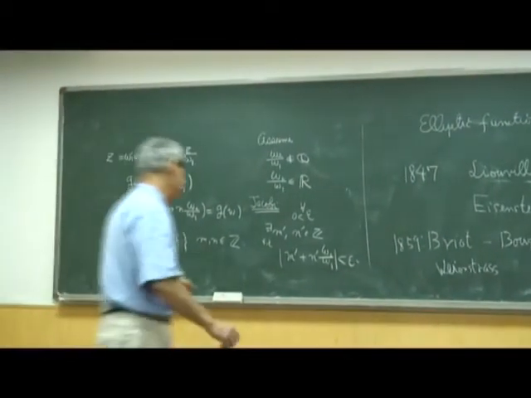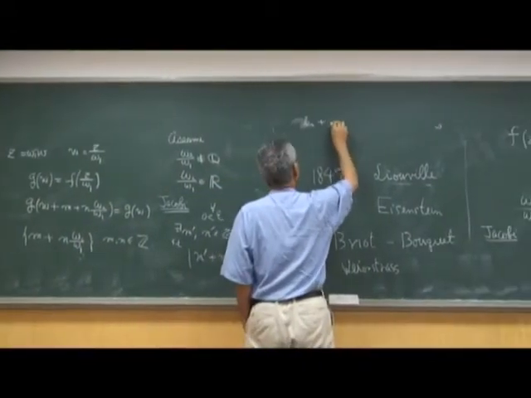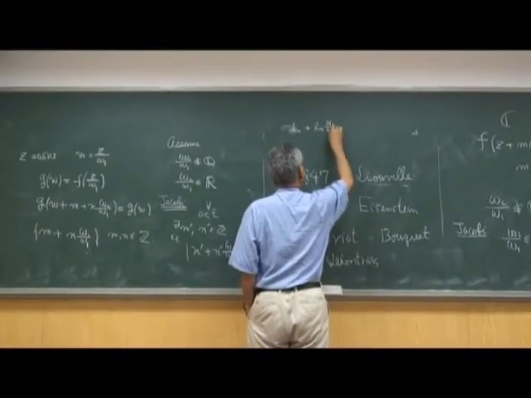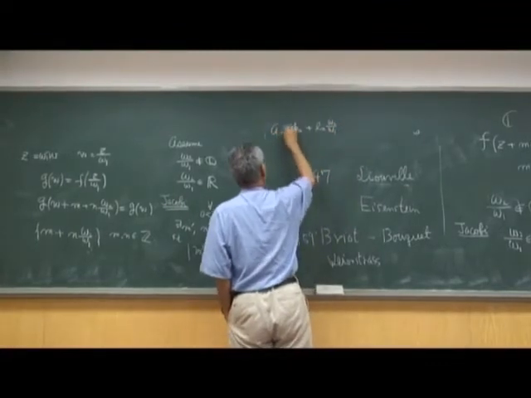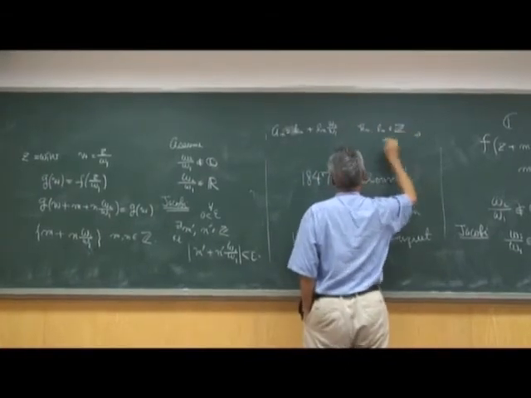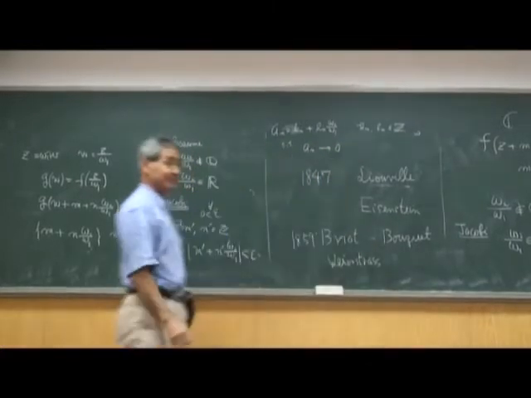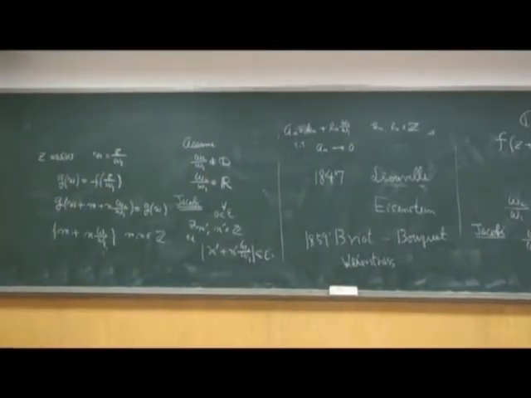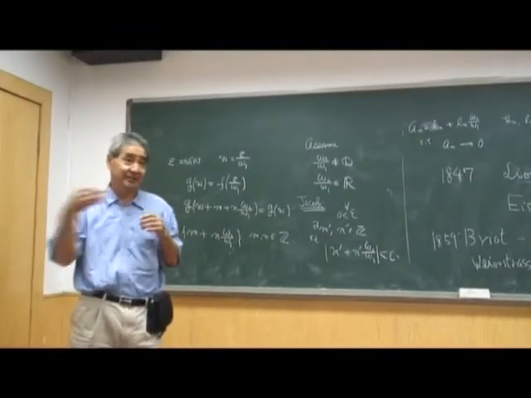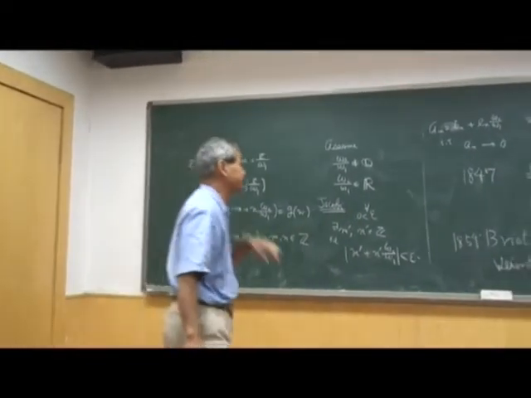So that means some numbers a_n, which is k_n plus l_n omega 2 over omega 1, and k_n and l_n are integers, such that a_n tends to 0. So just by integral linear combinations of 1 and omega 2 over omega 1, we can find 0 as a limit point.